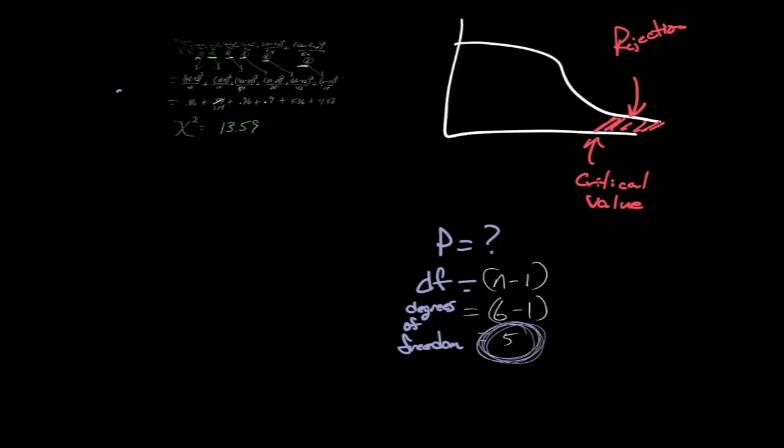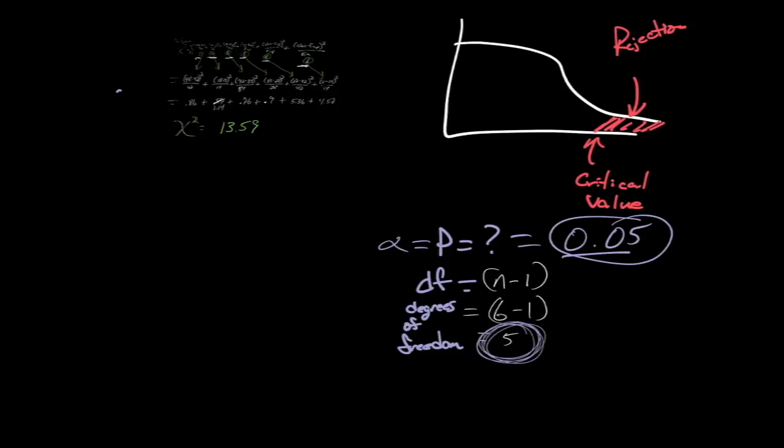N is just the number of possibilities. So when we're dealing with P, what's P? Unless you're told differently, you're going to assume that P is 0.05. Remember, P can also be declared as alpha.